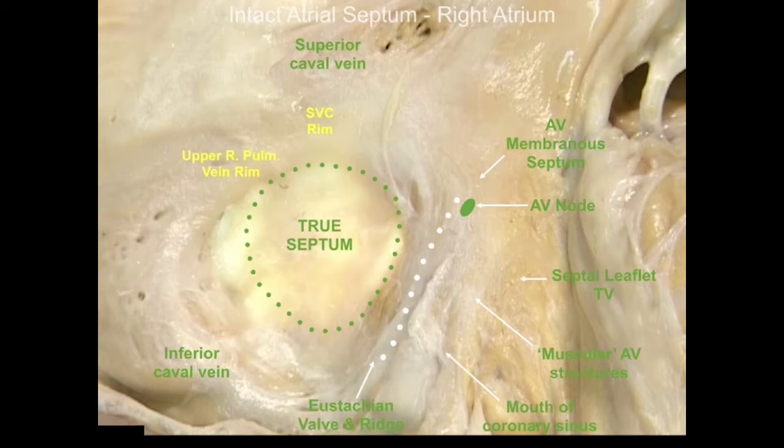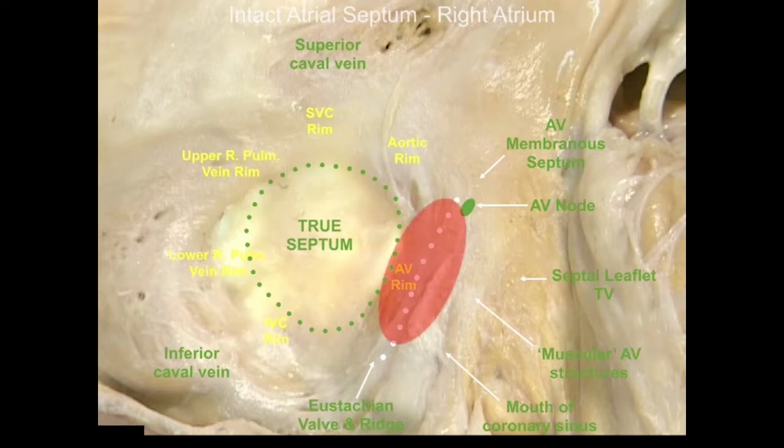Often we call this the posterior rim, but it may be better to call this the right upper pulmonary vein rim, and then one related to the lower pulmonary veins, one to the IVC, one to the AV valves and one to the aorta. And this often is considered to be the most important rim, particularly with respect to erosion.